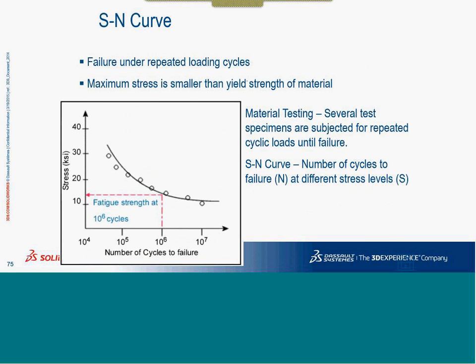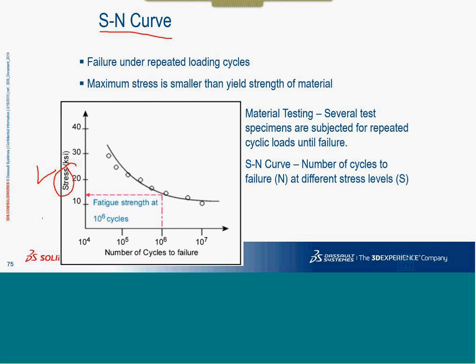Now the way it works. Typically, we have material properties like yield strength, Young's modulus, Poisson's ratio, etc. We also have one more material property called the SN curve. It is a curve with one of its axes being stress, which is actually mean stress.